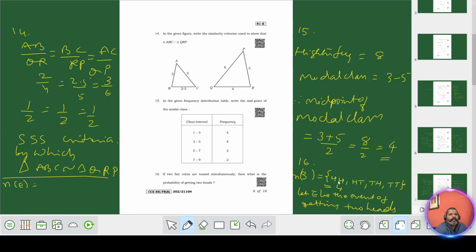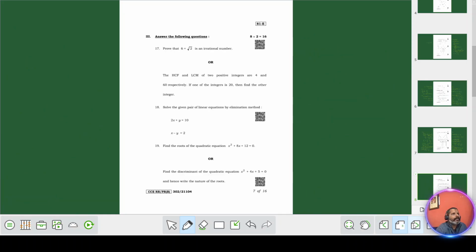How many outcomes are there in the sample space having two heads? One only. So you just write that, HH. That is 1. Therefore, P of E equals N of E by N of S. Substitute the values, 1 by 4. That is the probability.